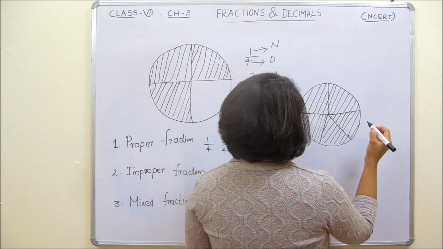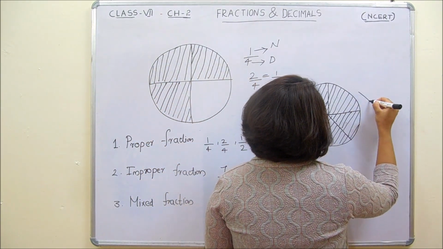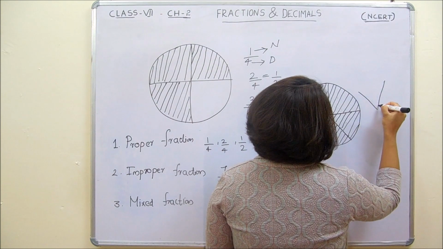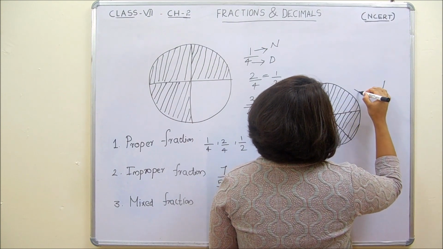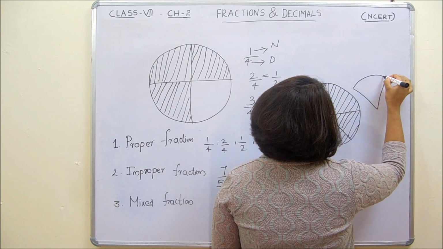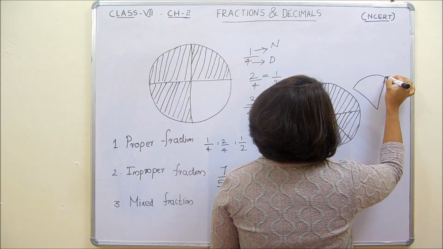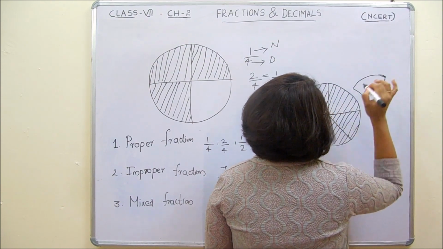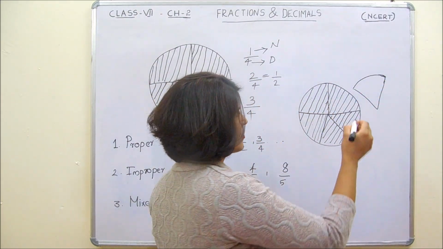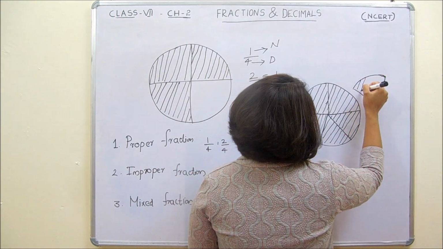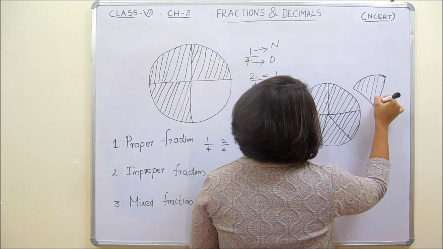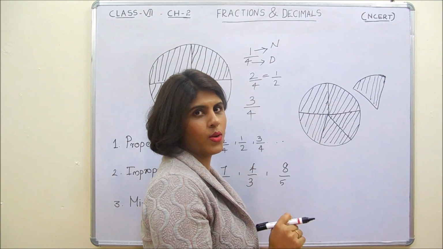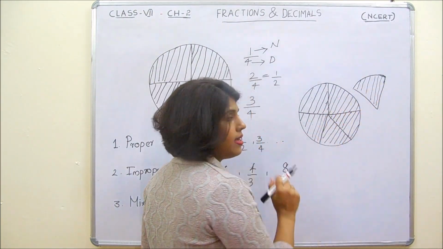And if we consider one more part, then it becomes 6 by 5, because this is one of the 5 parts. Okay, so it is 6 by 5.